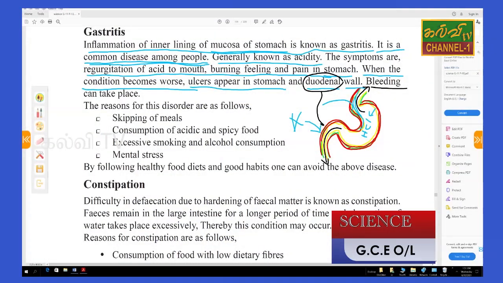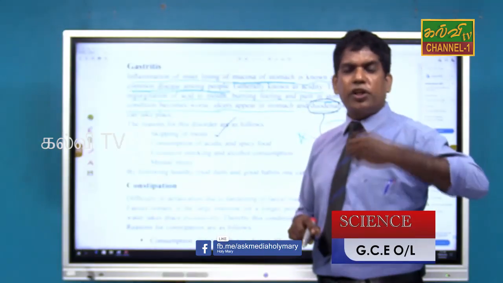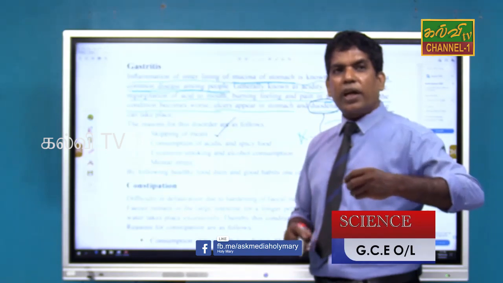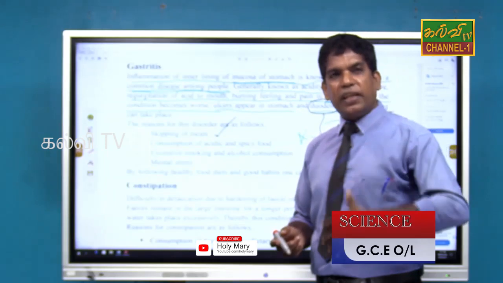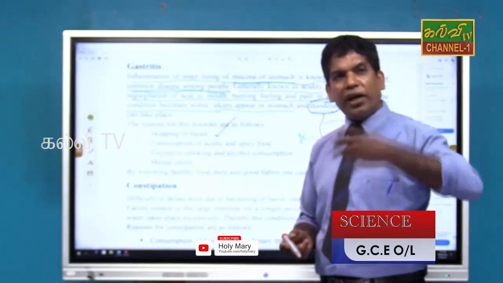The reason for the disorder is skipping meals. Yes, skipping meals means you miss taking food in time. Sometimes you miss your breakfast, your lunch or dinner. That is possible. Because we are already habituated, our body is already trained to eat in time: morning breakfast, then lunch and dinner.